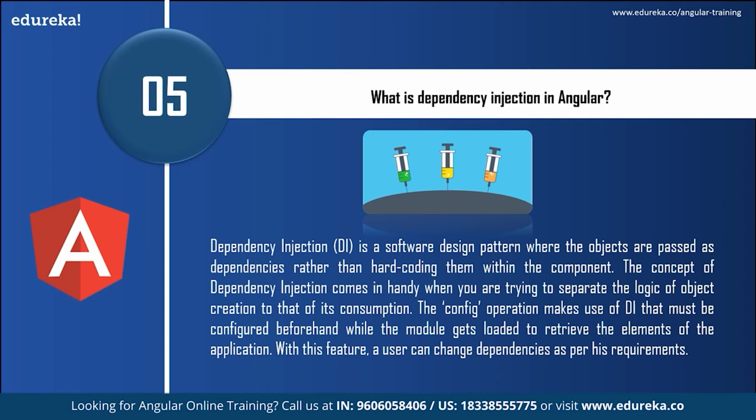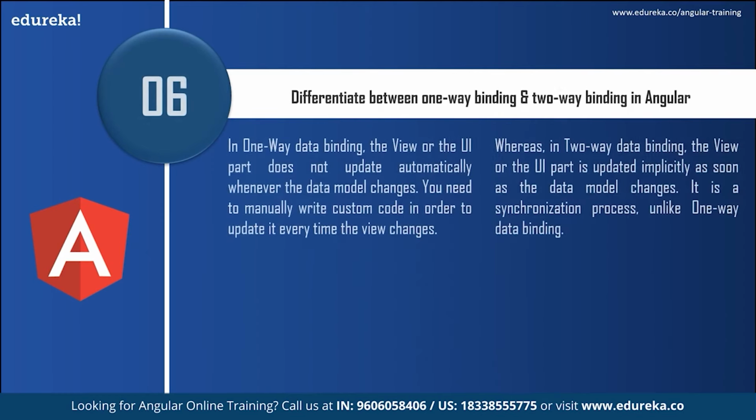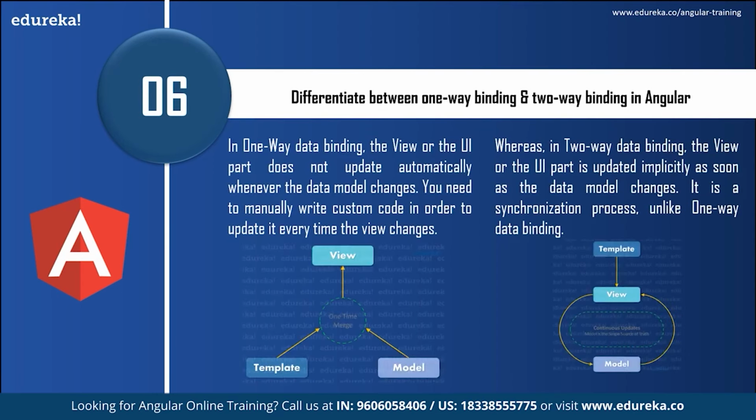as per his requirements. Next question, we have differentiation between one-way binding and two-way binding in Angular. In one-way binding, the view or the UI part does not update automatically whenever the data model changes. You need to manually write custom code in order to update it every time the view changes.